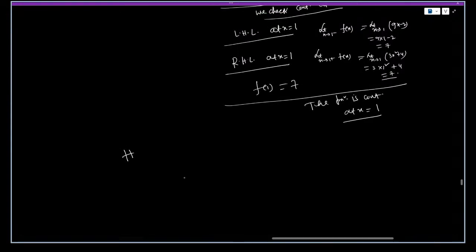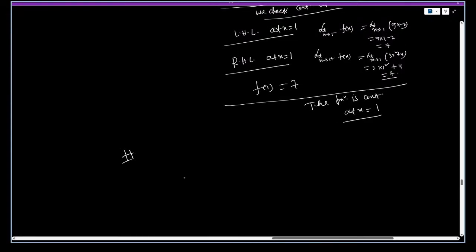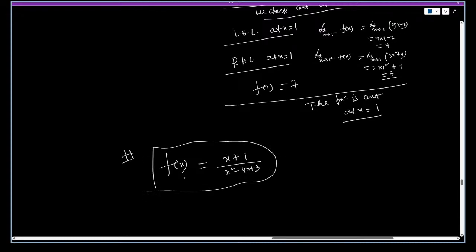Now we are taking another kind of problem. Say, given f(x) equal to x plus 1 by something. So this is the ratio between two polynomial functions. Numerator is a polynomial function which is defined everywhere.